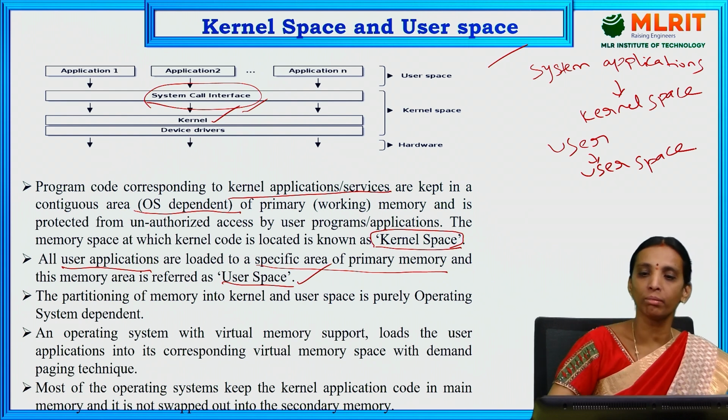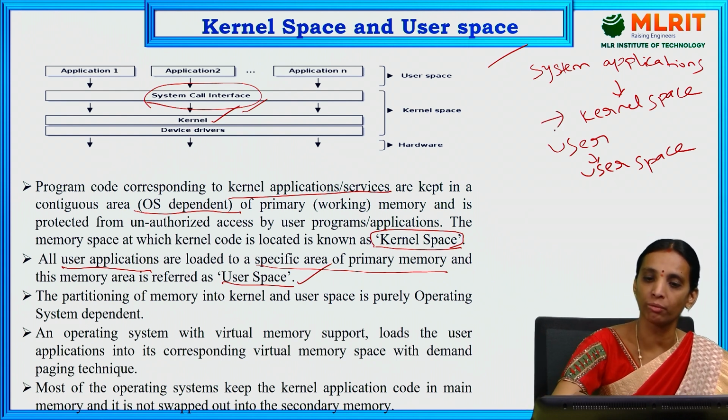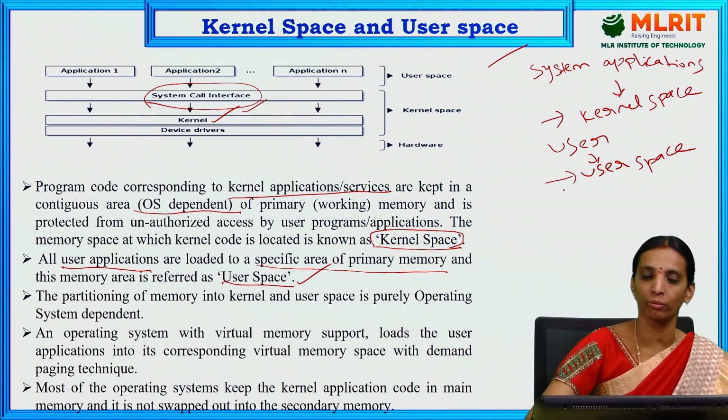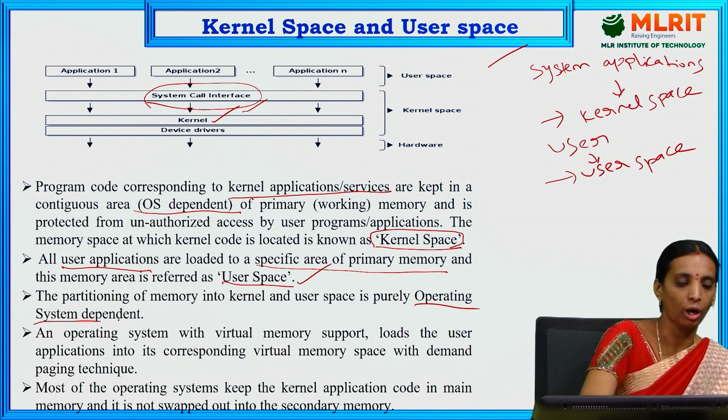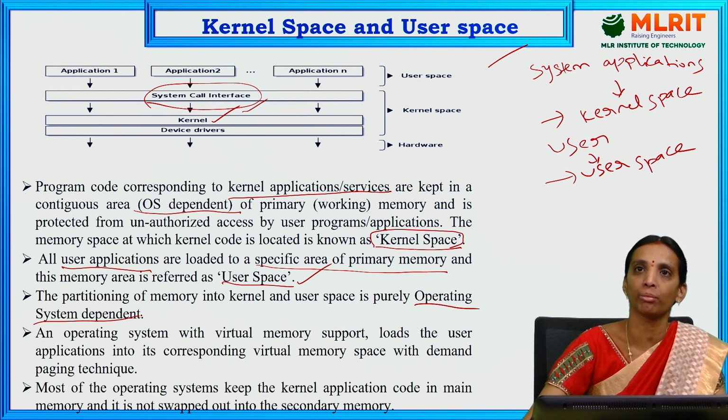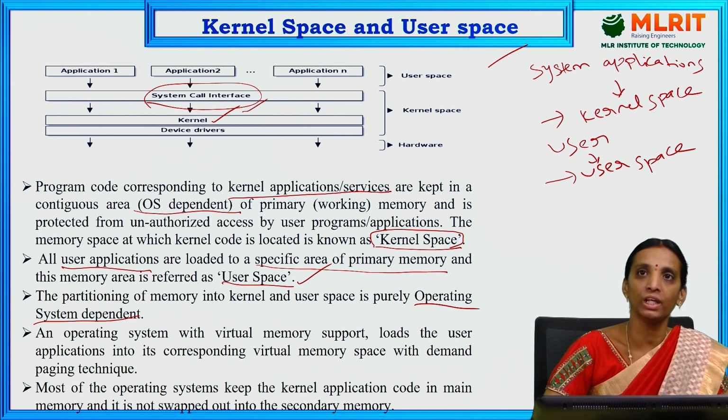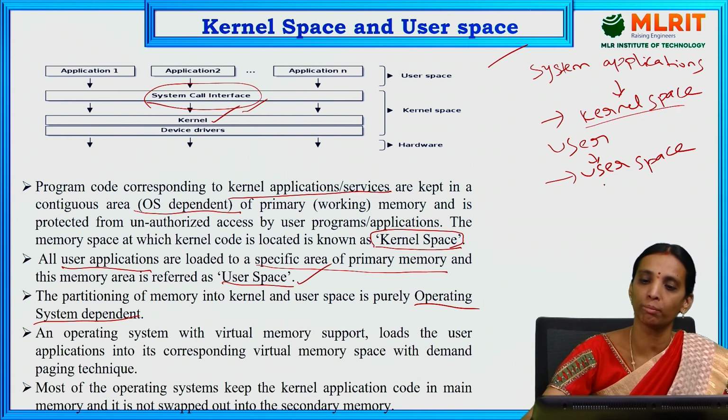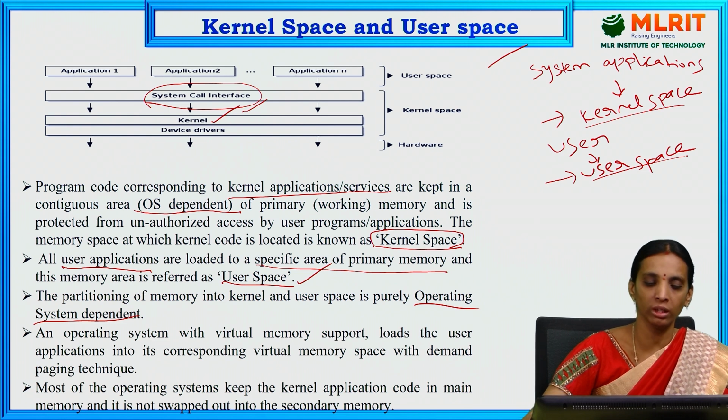How much memory is used for kernel space and how much memory is used for user space depends purely on the operating system we use. There are different types of operating systems and versions, so the memory allocated for kernel space and user space depends purely on the OS.